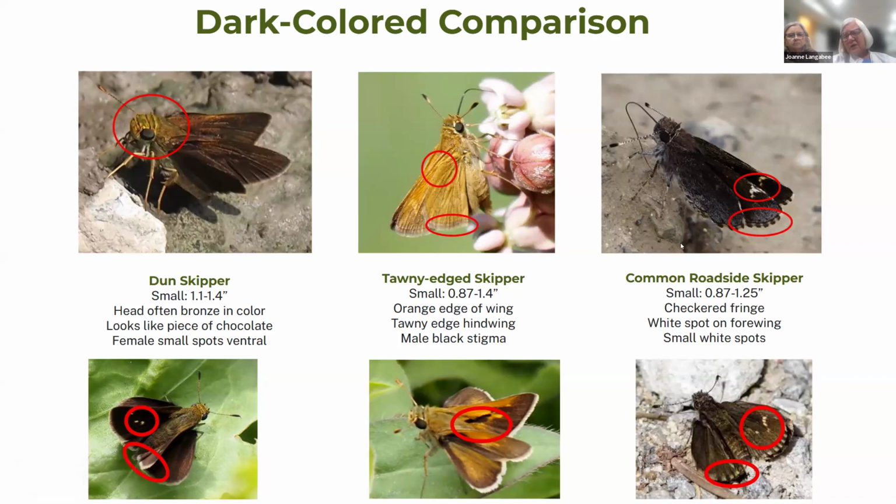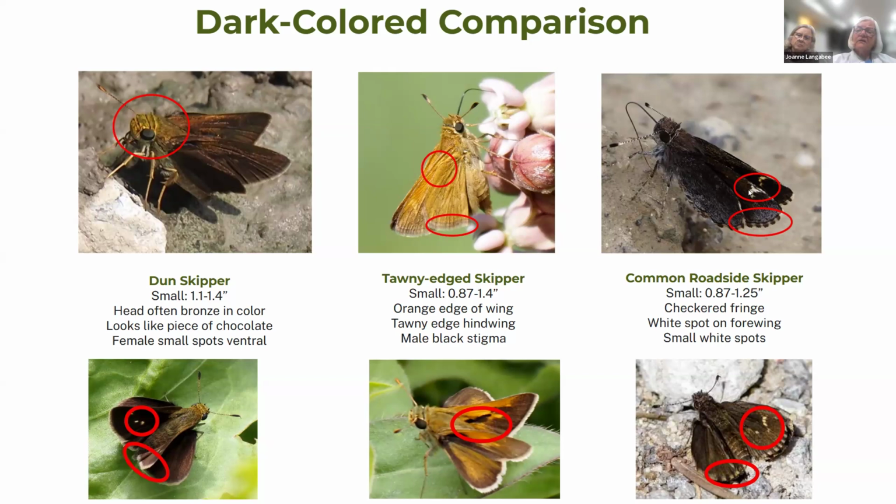As opposed to the other one that's darker, the other is a common roadside skipper. The common roadside skipper is very checkered on the hind wings, and unless it's an older adult and the scales have worn off, this checkered part is pretty distinct.